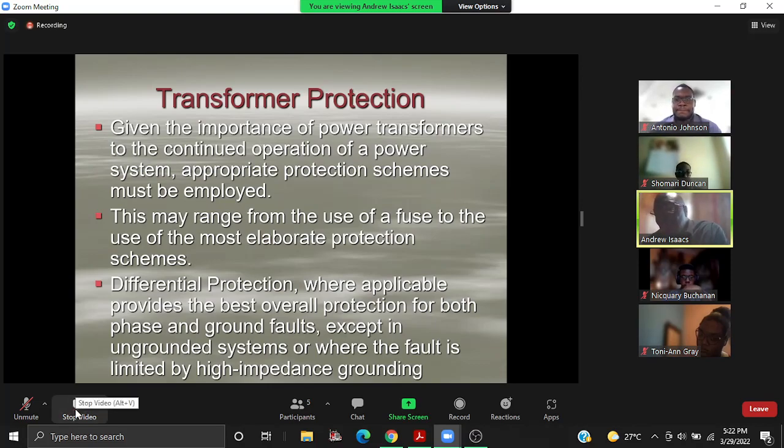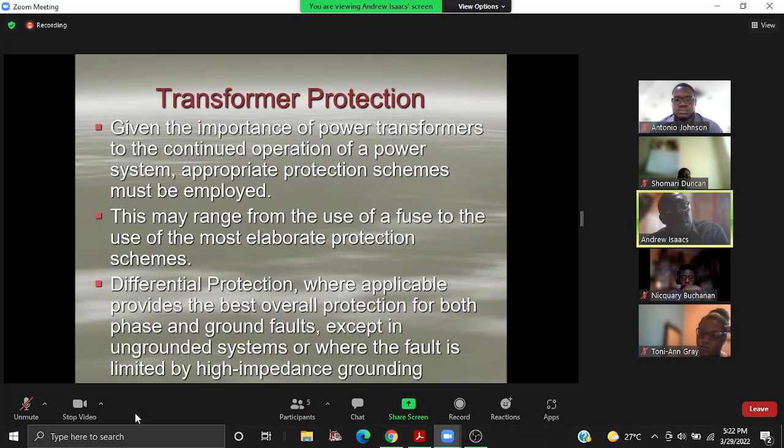And I know that sounds funny, given that the primary and the secondary currents of the transformer are different. But in terms of the turns ratio we use for the CTs, the current on either side will become the same.